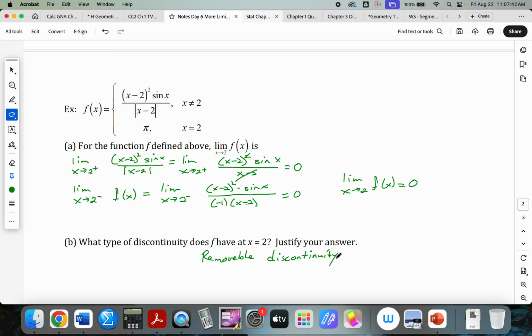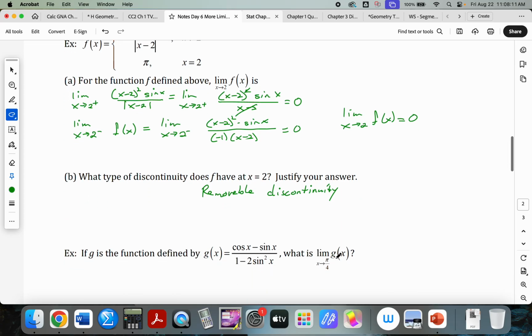This is different than the other one. On the other one, f at that point didn't exist, right? The one on the first page. Here, f at 2 exists. It's just not what I want it to be. I would need to move it to make this continuous. That's also another way to think about why it's called removable. If I could move this, I could remove the discontinuity.